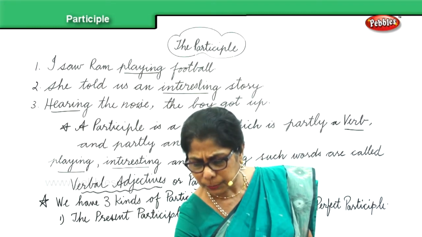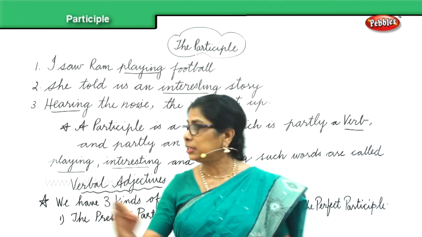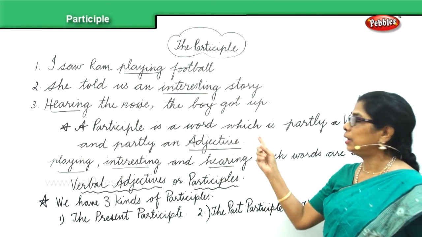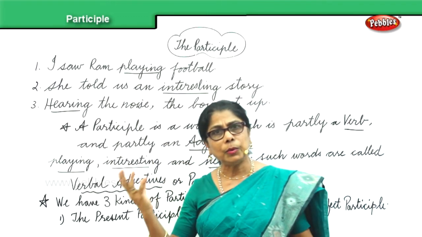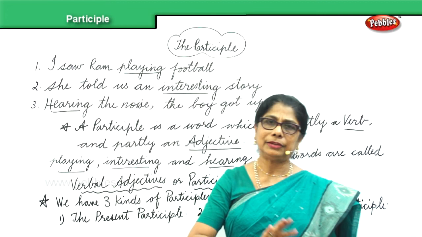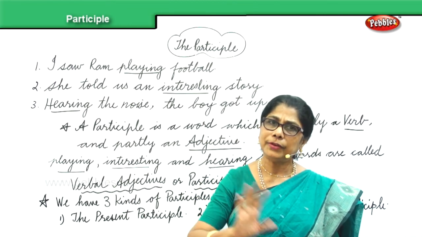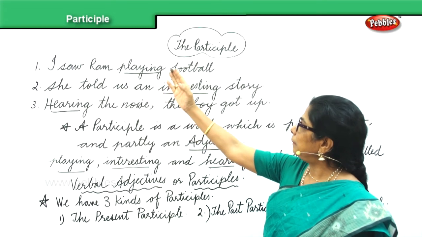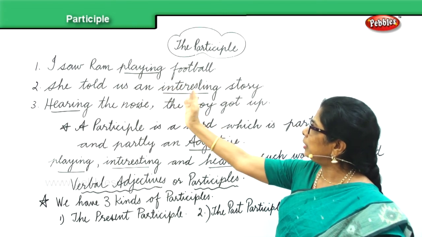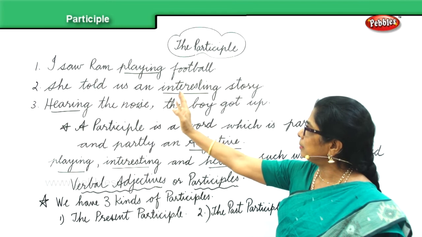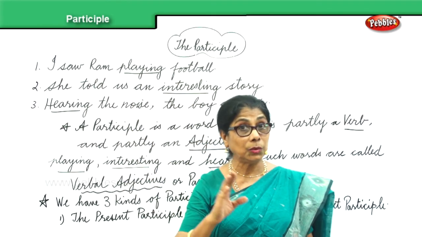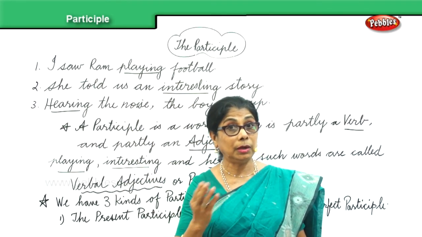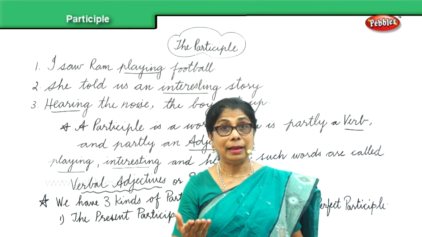So what is a participle now? A participle is a word which is partly a verb, partly an adjective. So it does the work of a verb and an adjective. Now we have three sentences with playing, interesting, and hearing, which do the work of a verb and act like an adjective.